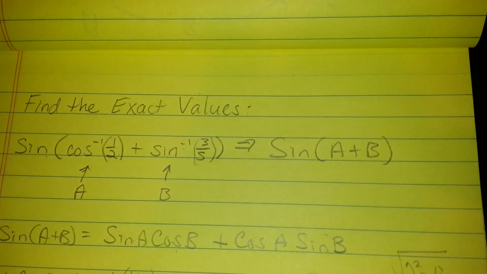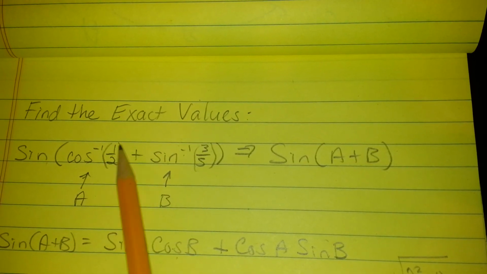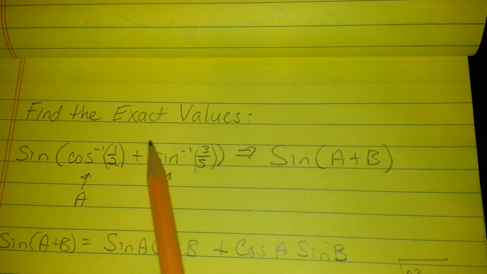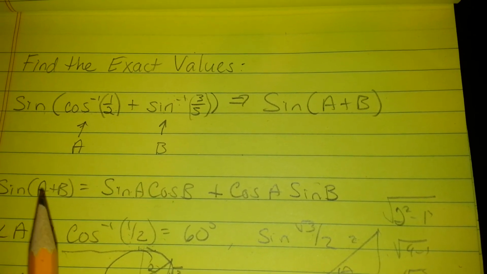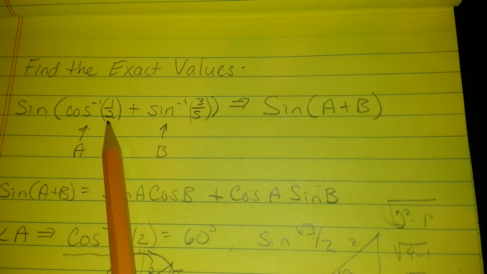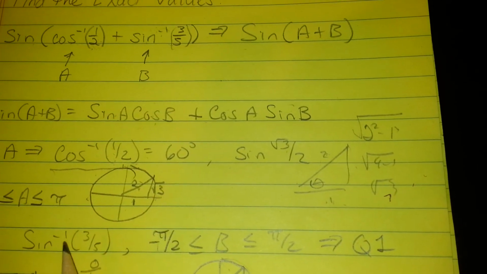Looking back, what was key is that, and don't let these inverses fool you, they represent angles. This is basically sine of an angle plus an angle, which is sine of a plus b. We know our formula. Just go about whether you know that represents something off the unit circle, or build your triangle based on where it could be.